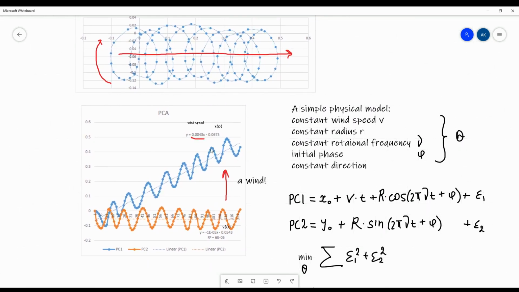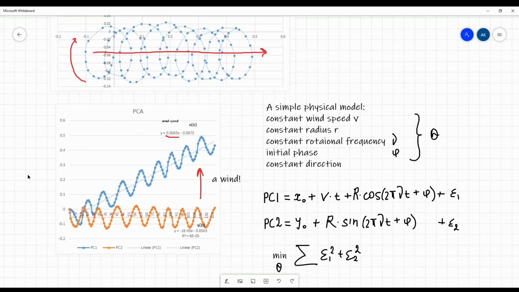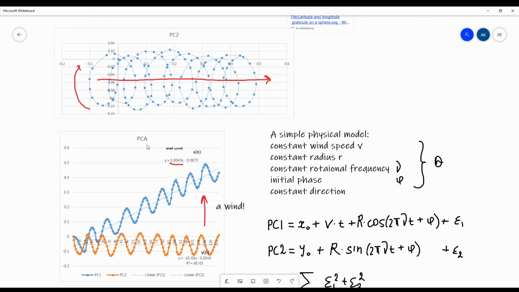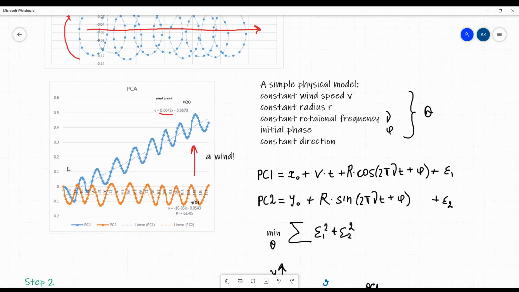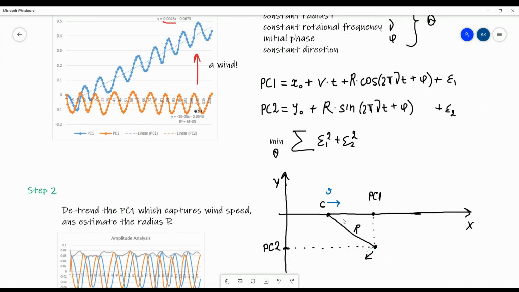What else? Well, now let's think of the equations for principal component 1 and principal component 2. We could say principal component 1 is a horizontal movement, so this Vt is the speed of the wind multiplied by time. That's how this kind of movement is looking like, right?